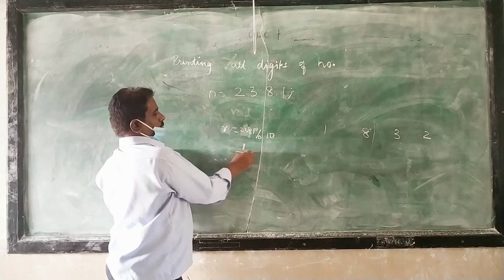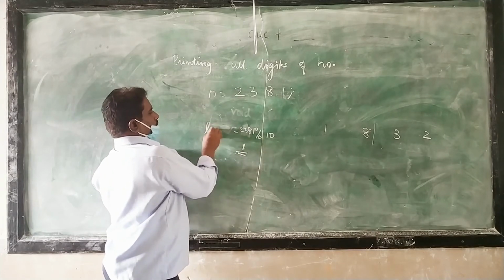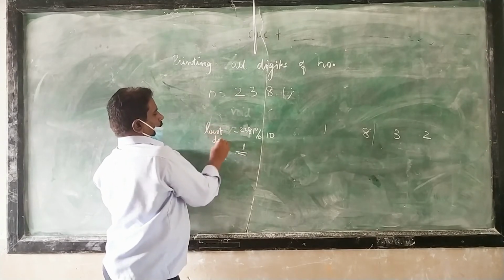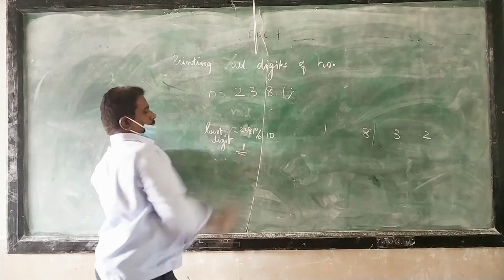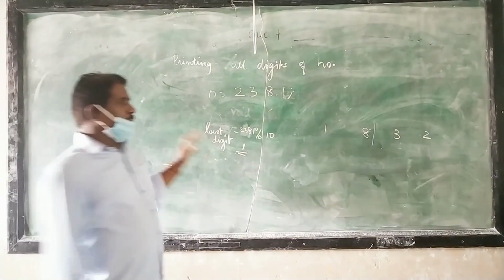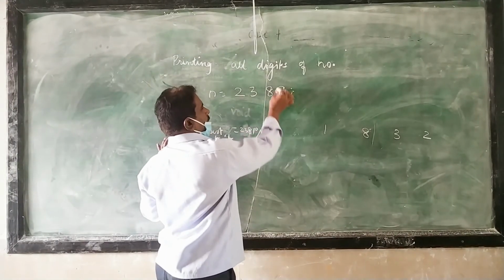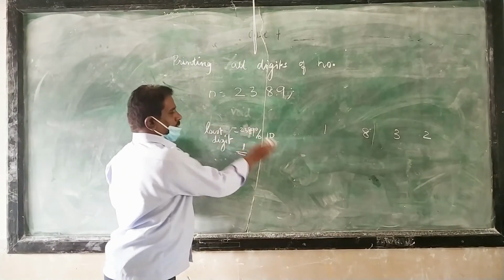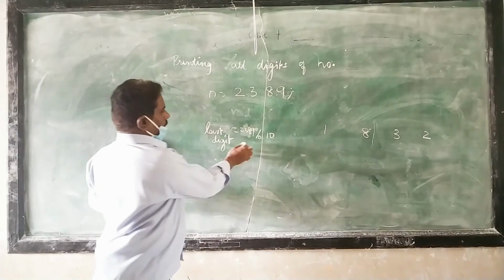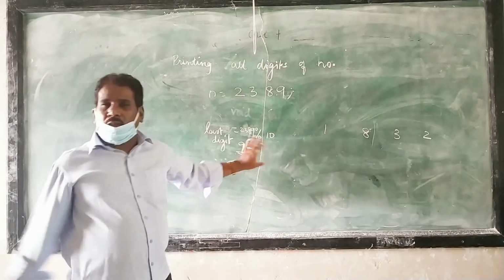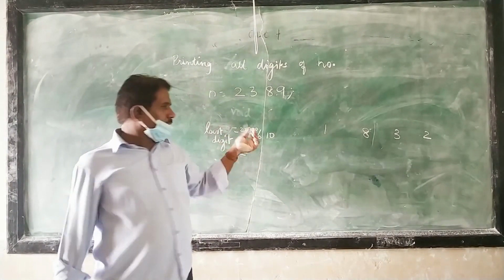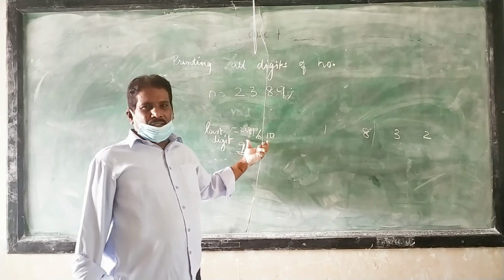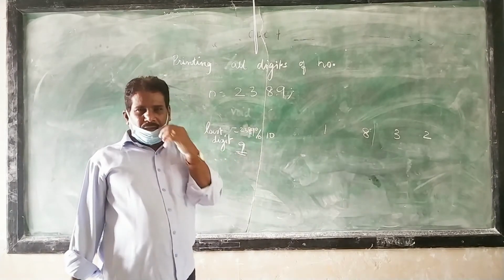That is the last digit. Whatever number it may be, suppose you get 2389, so 2389 modular division 10, you will get last digit 9.